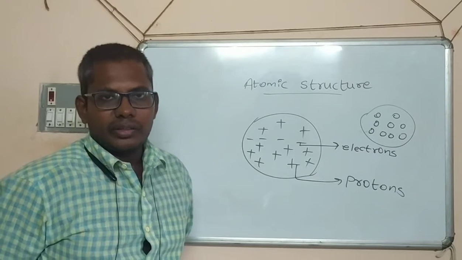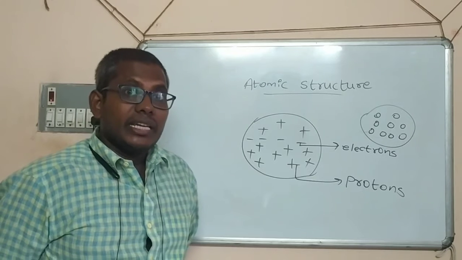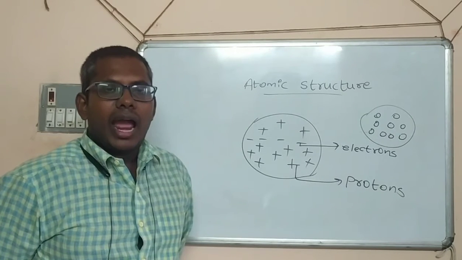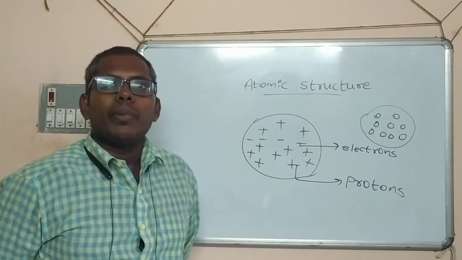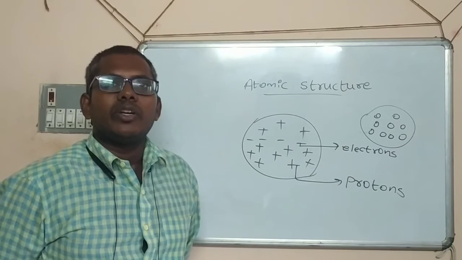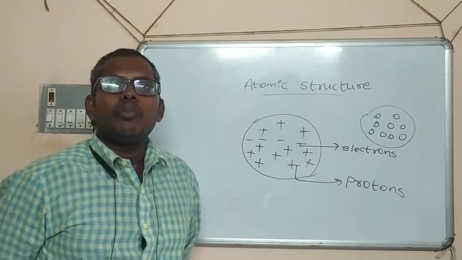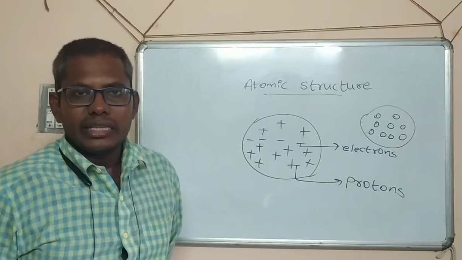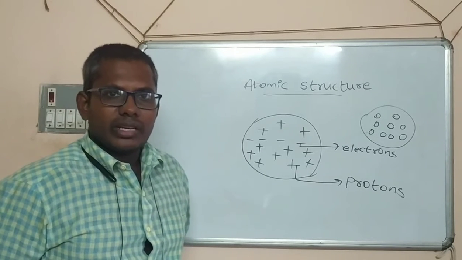That is the second point. Next, he said the atom is electrically neutral. It means the number of positive charges is equal to the number of negative charges. These are the three points said by J.J. Thomson. Let us recall them once again.